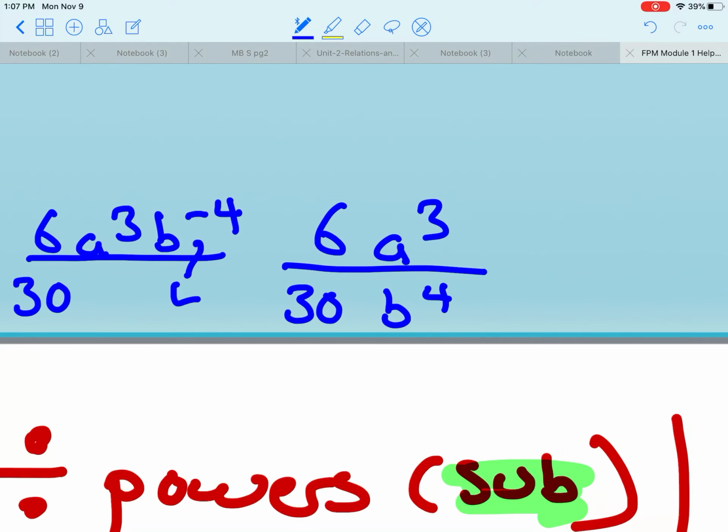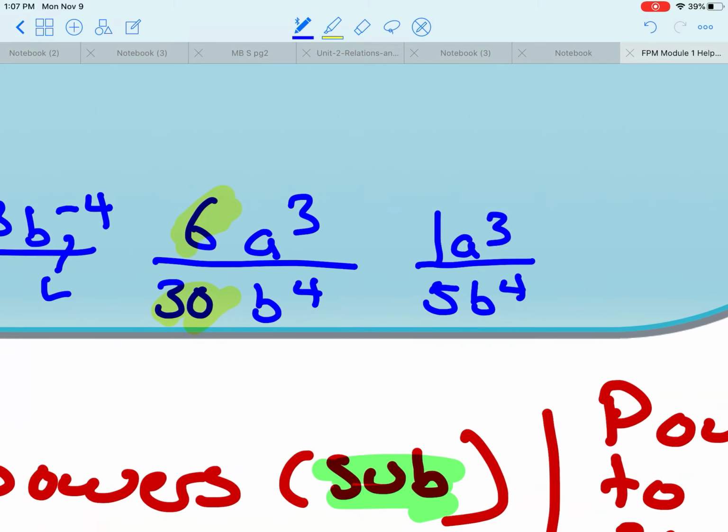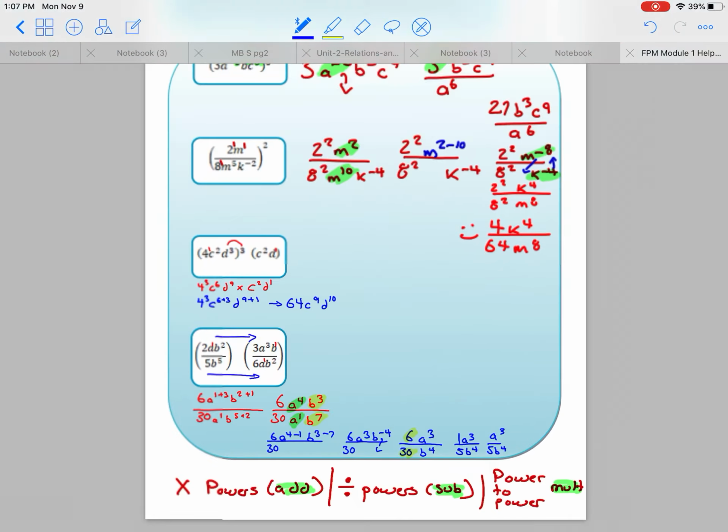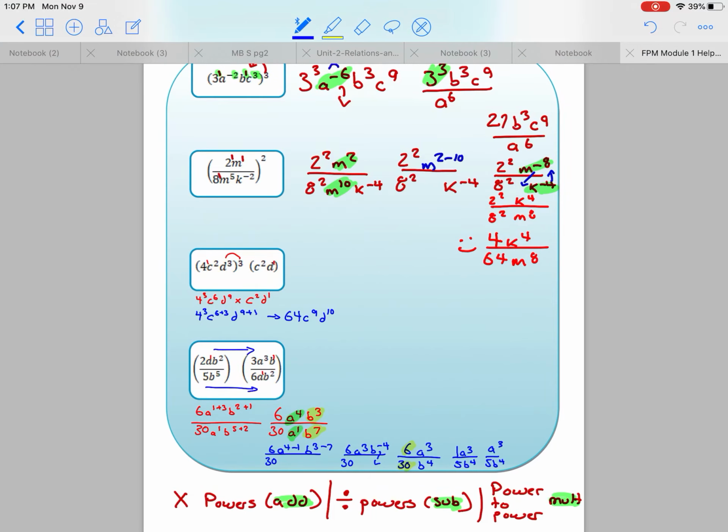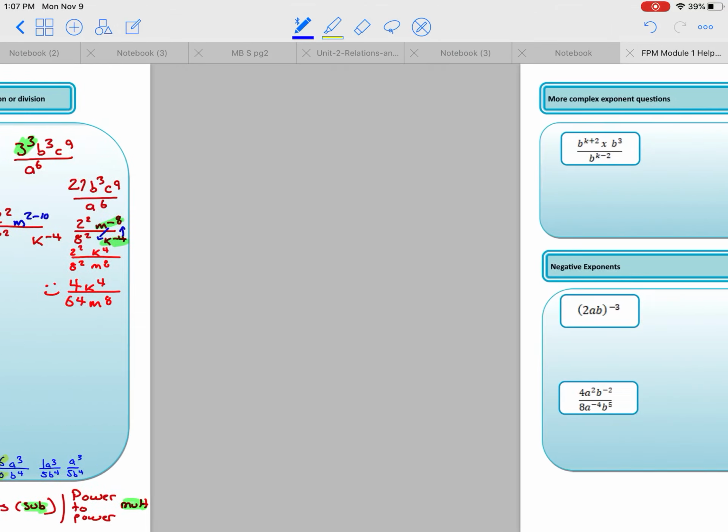And then I can reduce this fraction, because I can divide a 6 out of both of them. So 6 divided by 6 is 1, a3, and then 5, b4. Or you could just write it as a3 over 5b4. Either one's right.